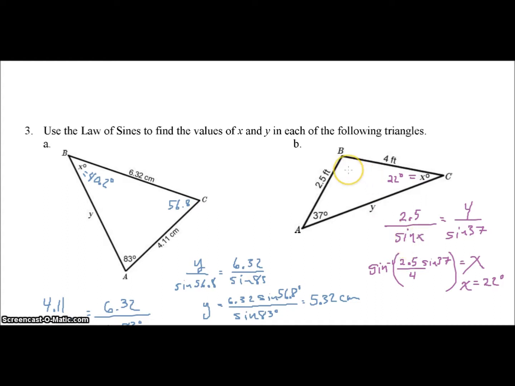So that means that this angle B is 180 minus 22 minus 37, or 121 degrees.